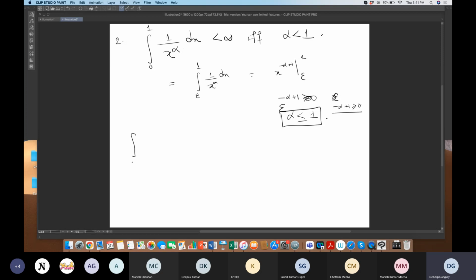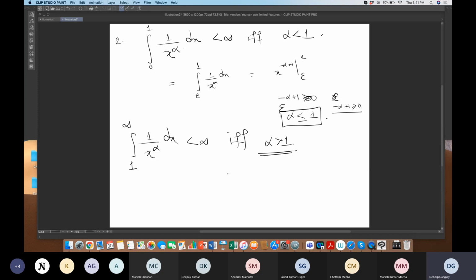Now tell me this, what will happen for this one? Do it and quickly tell me. Alpha will be greater than 1. Strictly greater than. Alpha is strictly greater than 1.